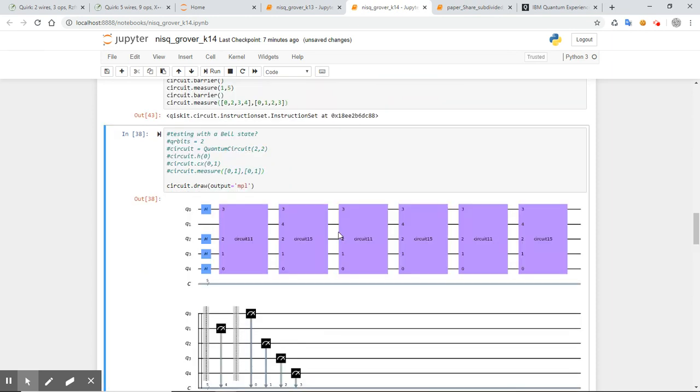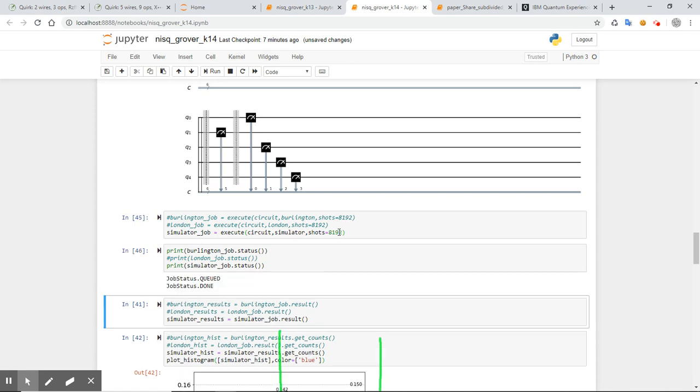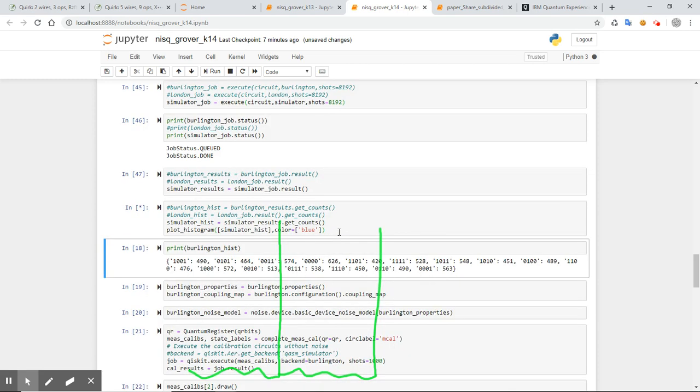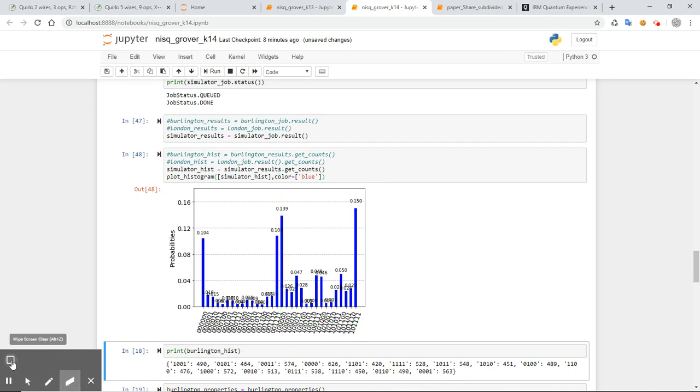Just to make sure that I understand where this is placed, right? Yeah. So you see this is all zeros, right? Here, this is all zeros, and then the next one is the ancilla qubit.